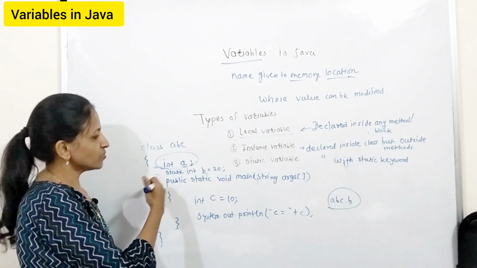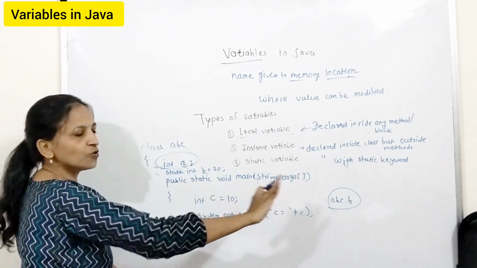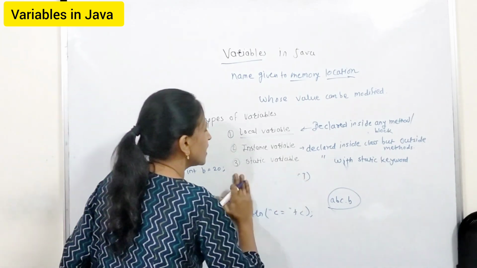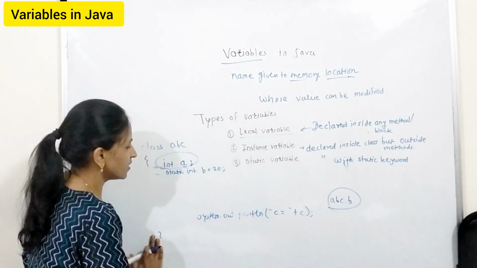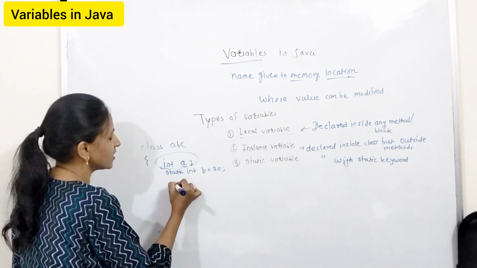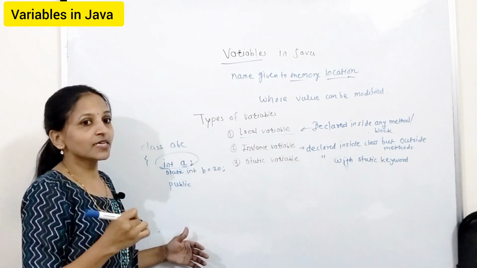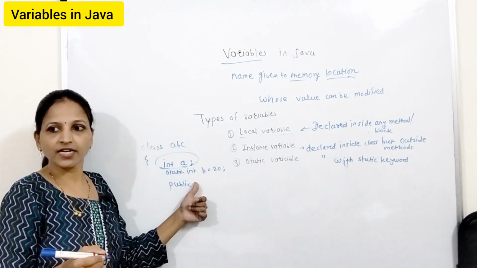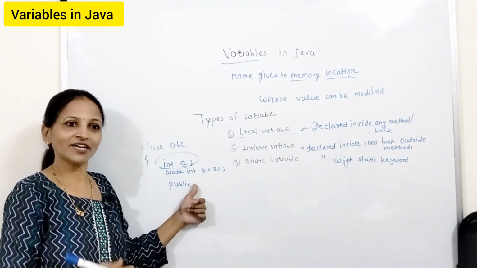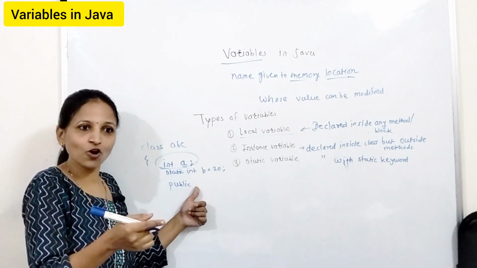Okay, how? See, let's say here I have created the ABC class, and inside that there is no main, so let there be another method. Let me write one more method, the display method. I will write public. Let's say I am not writing that static word while declaring the display method, then it will be an instance method, and an instance method should be called using object dot.